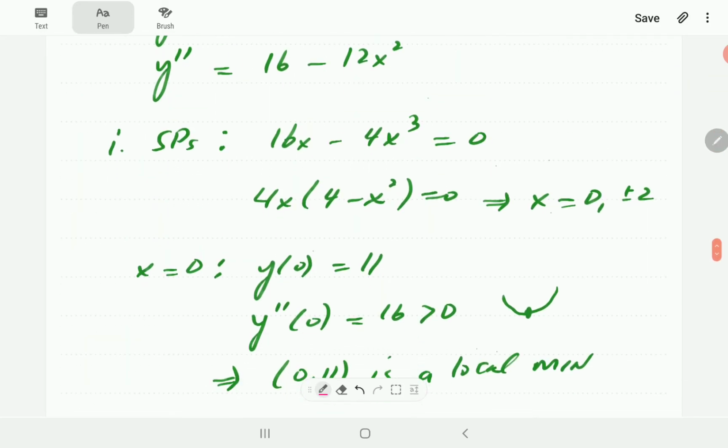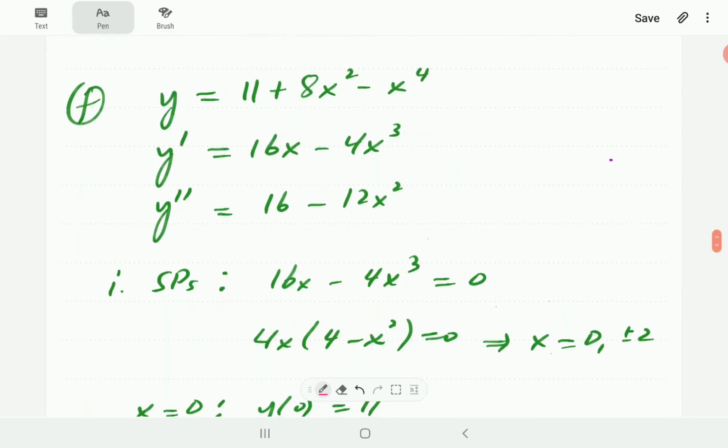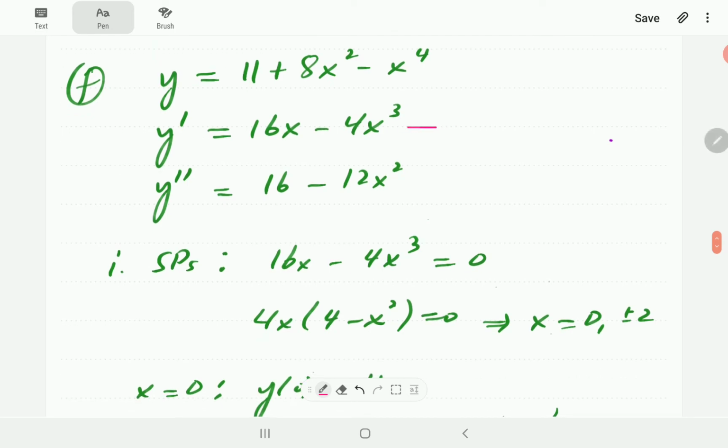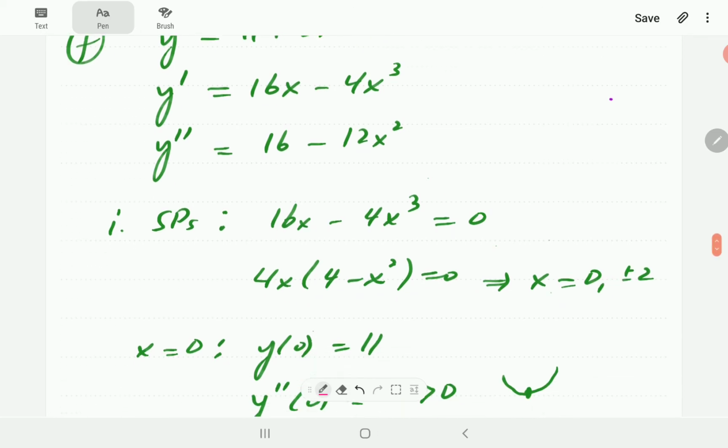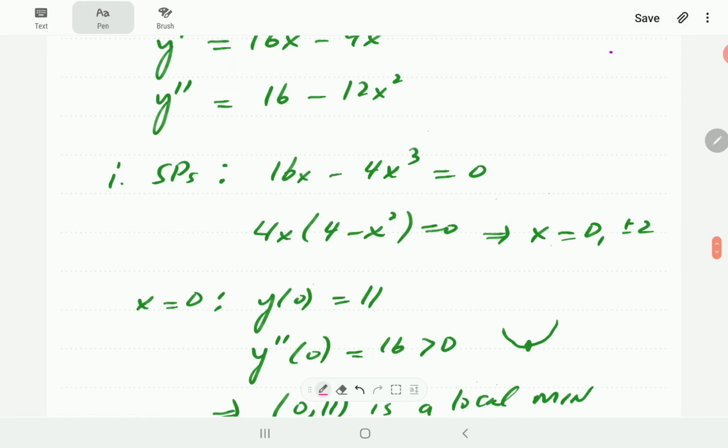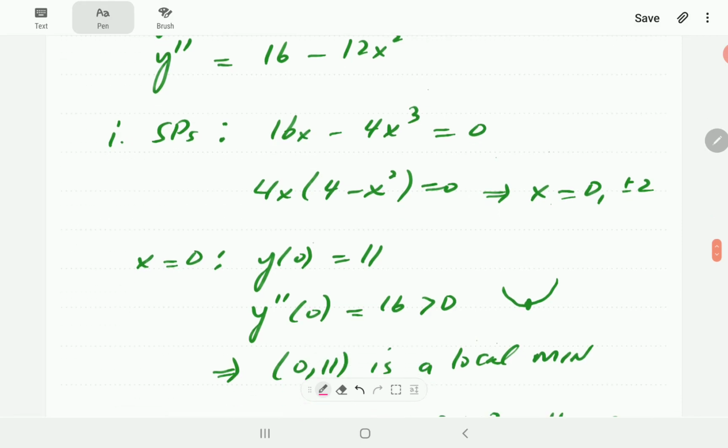So we're going to start by finding the two derivatives, the first order and the second order. Then we find the stationary points by equating the first order to 0 and solving. We get 3 stationary points, 0, plus 2 and minus 2.